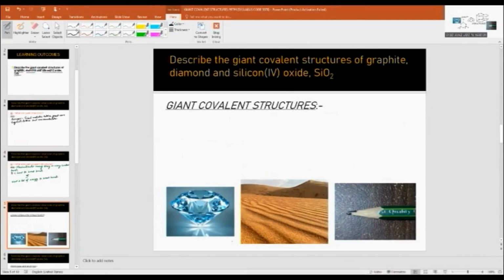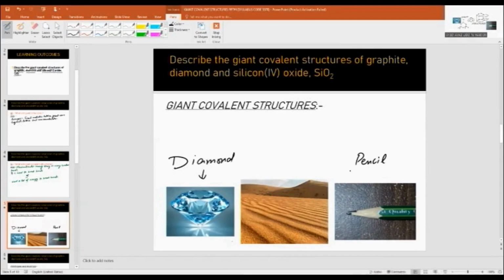These are some examples of elements or compounds having giant covalent structures. On the left hand side is diamond. On the right hand side, there is a pencil.